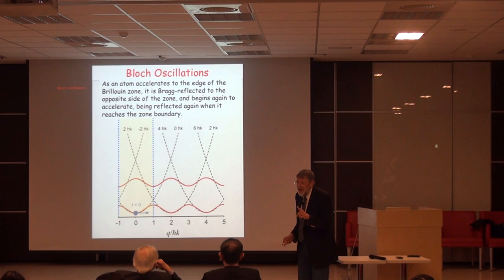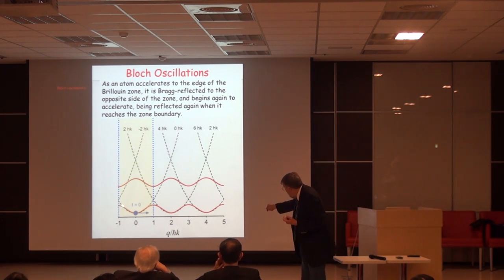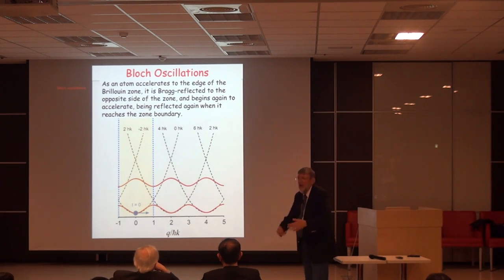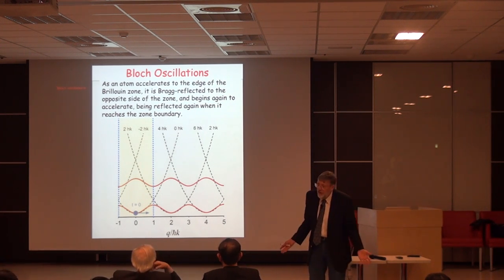Now I want to emphasize this process of going here, Bragg scattering, going to the other edge of the Brillouin zone because they reverse their velocity, and then being accelerated again is exactly the same thing as going here and just continuing like this. It's exactly the same thing because all these repeated zones are just the same thing all over again.